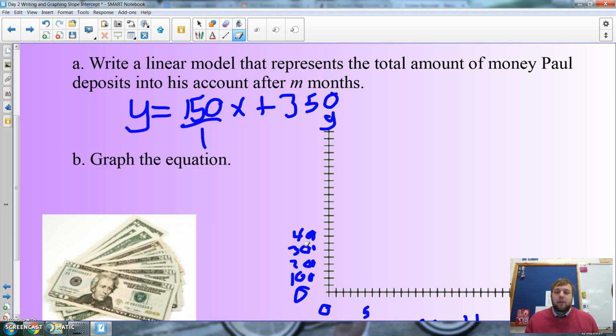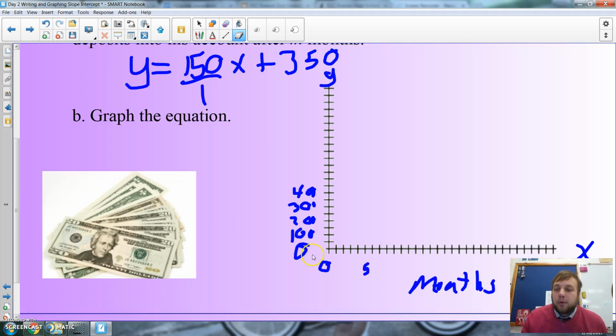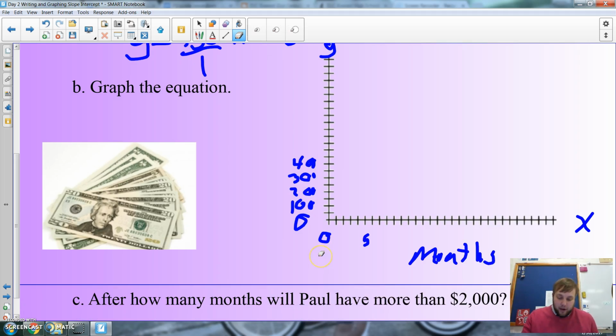Just to give it a little bit of play here. All right. When I graph the equation, I'm going to start at 350, right between 400 and 300. And then it says go down 150. Sorry, not go down. He makes 150.